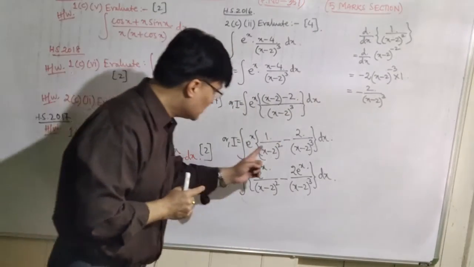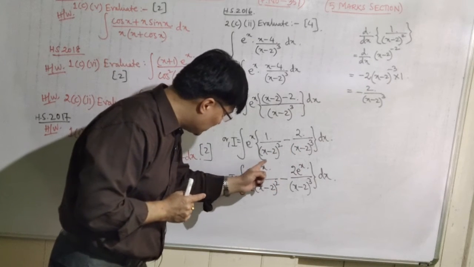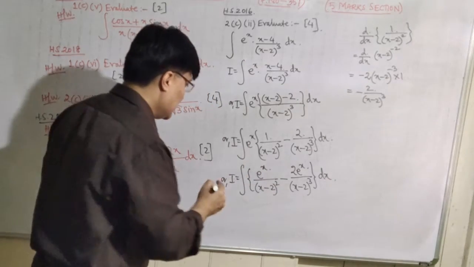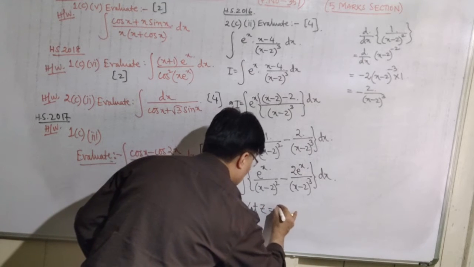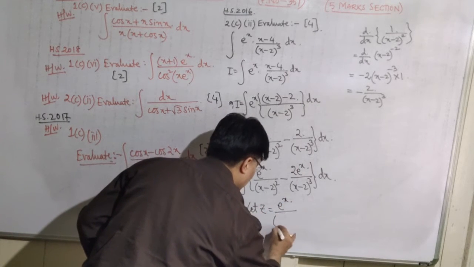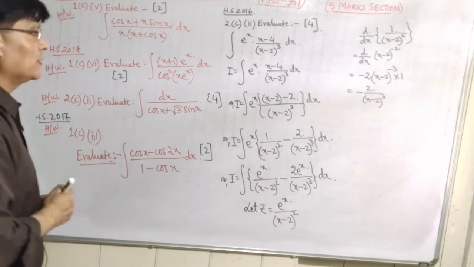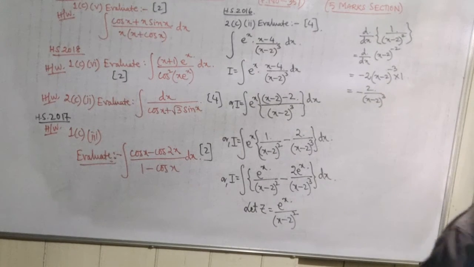Now since the differentiation of the first function is the second function, we can assume this first term including e^x as z. So let us assume z = e^x / (x - 2)^2. So I think you have understood it. You can copy it. So in the next step, what will you do?